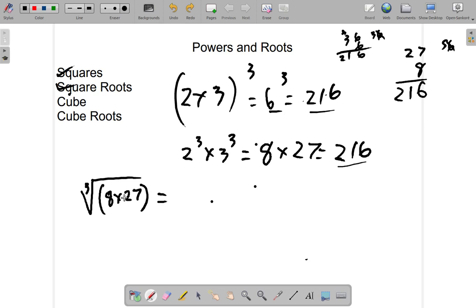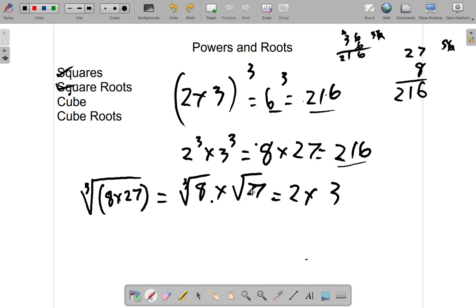But let's try it. Instead of using this big number 216, suppose we separate them and say it is the cube root of 8 times the cube root of 27. What we have is the cube root of 8 is what? You remember what it was? It was 2. 2 times the cube root of 27. The cube root of 8 is 3 numbers multiplied together to give you 8, so it's 2 by 2 by 2. 2 2 4, 4 2 is 8, so it's 2.